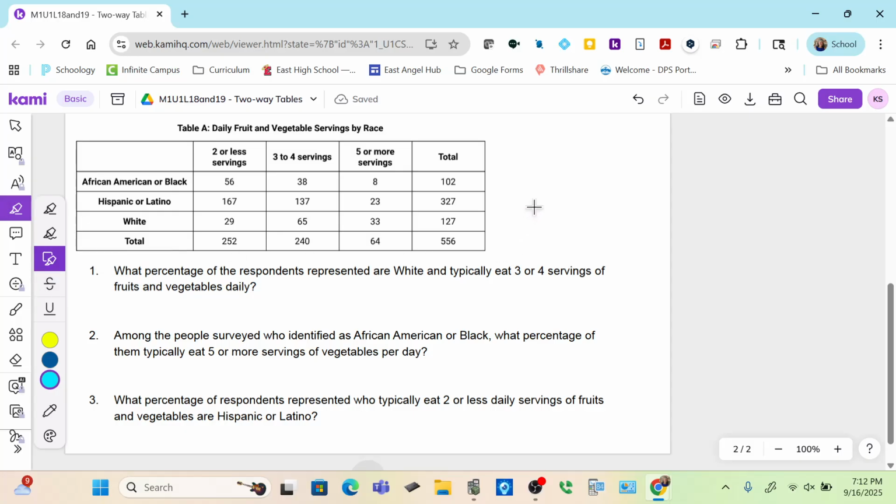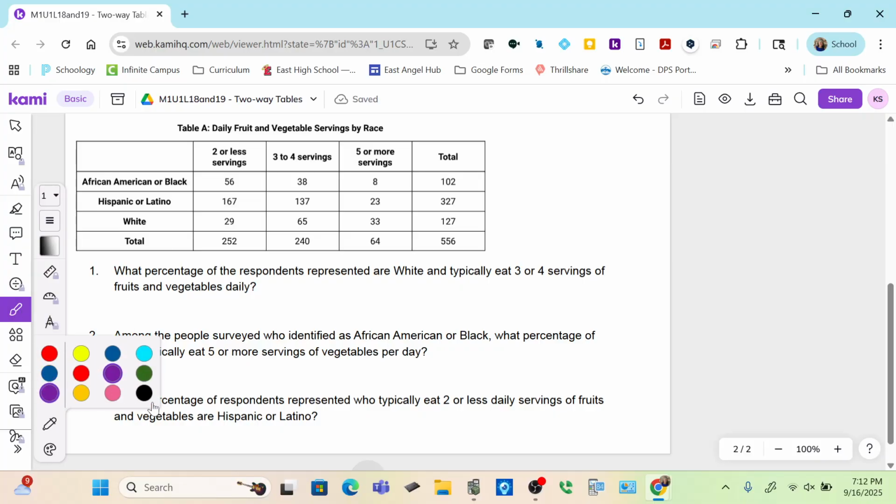Now, as I go through my questions here, there are two things I'm going to be looking for, because when we find percents, I'm going to make a note of this here. To find a percent, we take the part divided by the total times 100.